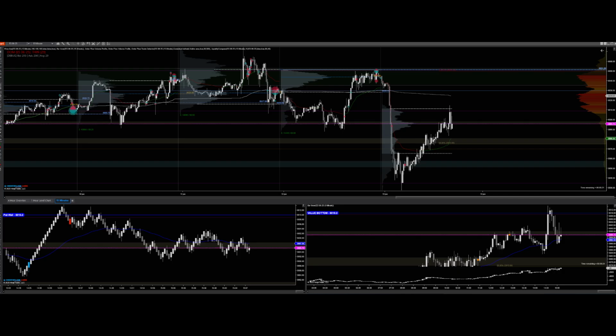Yeah, because we have a low volume node above us and a very big low volume node below us. I'm just gonna wait here until we retest one of them.